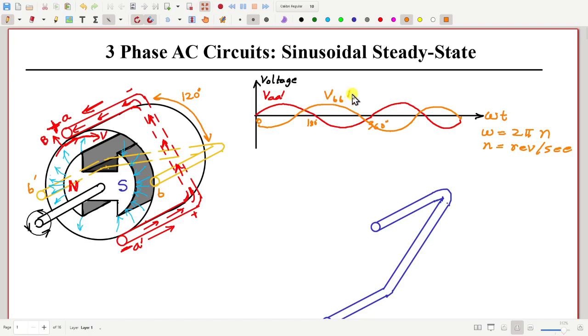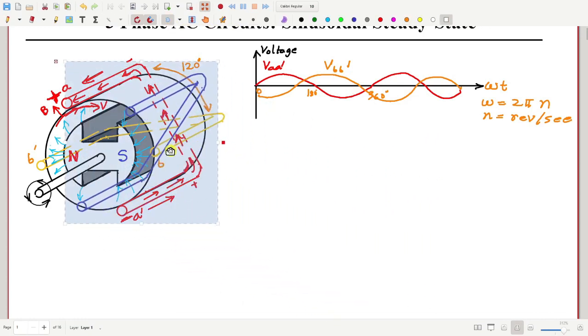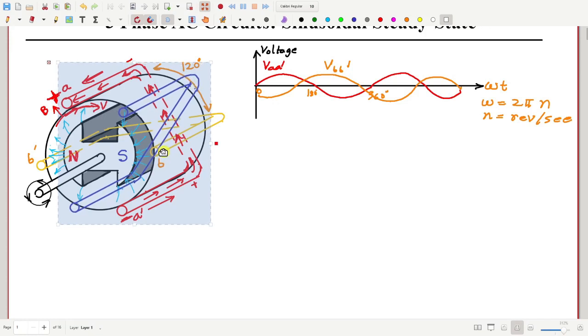Okay, and similarly now if I take one more conductor, this blue one, and let me put it here, such that this angle from here to here, call this C and C prime. Okay, then the angle between B and C is again 120 degree.